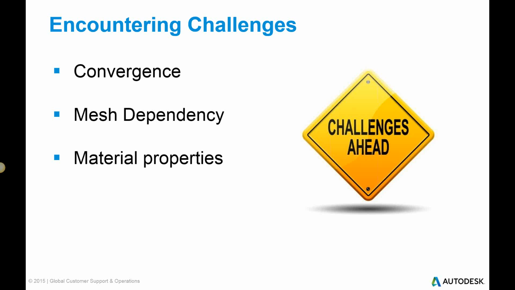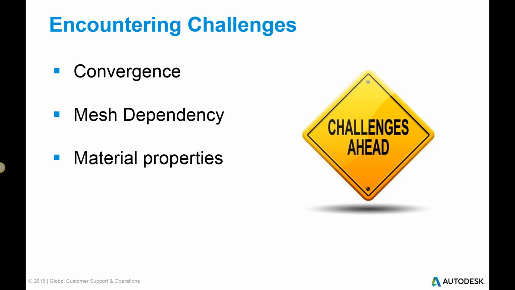This is going to result in early termination of the simulation simply because a converged equilibrium could not be obtained. And we'll cover a little bit more about this and how Autodesk Simulation Composite Analysis addresses this challenge specifically.